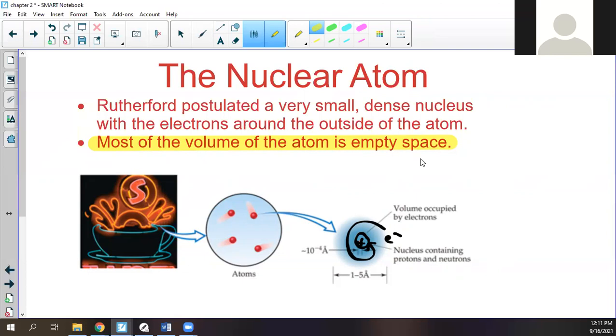So it's like maybe from here to the center. And between that and that electron is nothing. Absolute empty space. So Rutherford, it's important, discovered the nucleus, discovered it was positive, discovered it was solid and dense, and that most of the volume of the atom is empty.